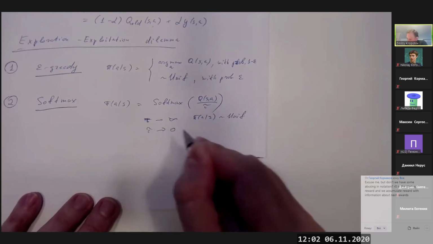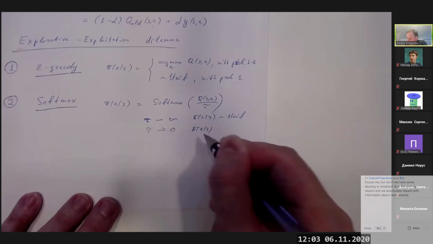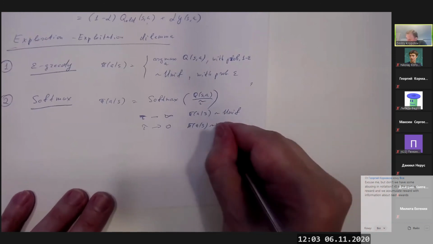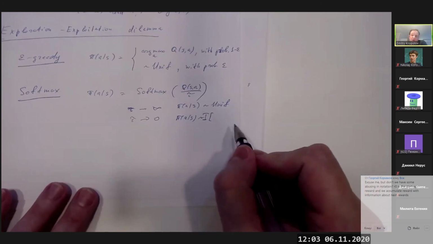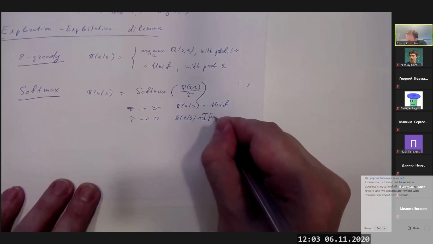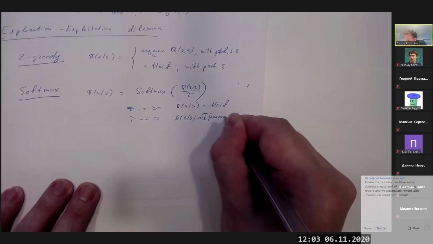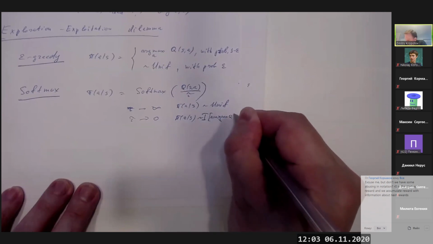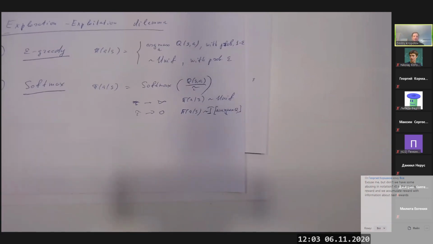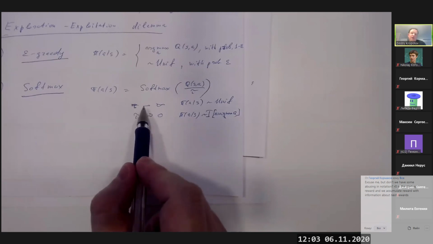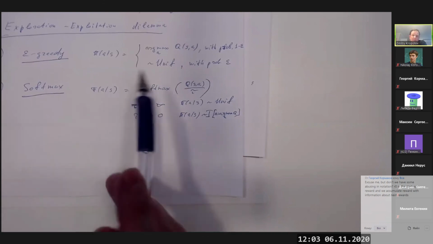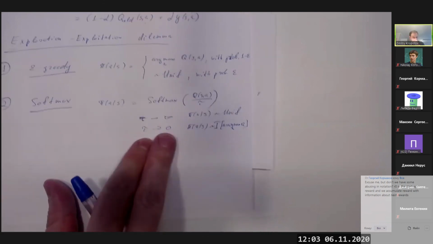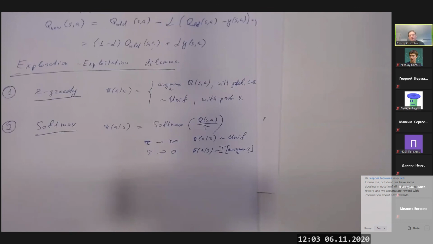If your tau goes to 0, your pi is close to a deterministic function at the argmax position. So again, starting with a large enough temperature, you then reduce this temperature during iterations and balance this exploration-exploitation dilemma.